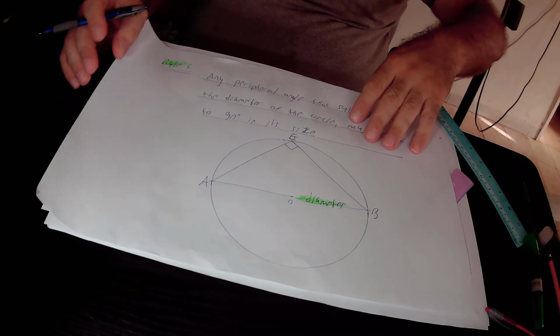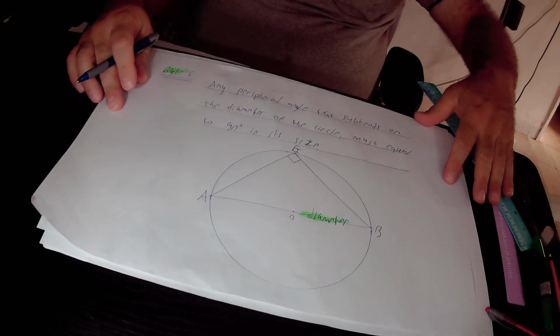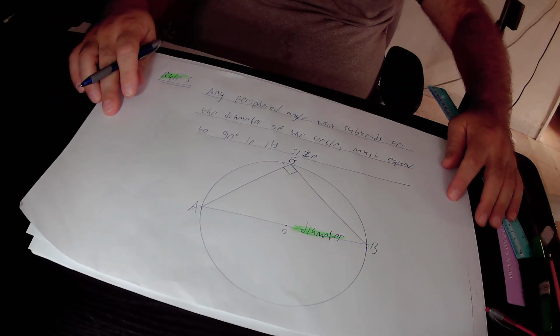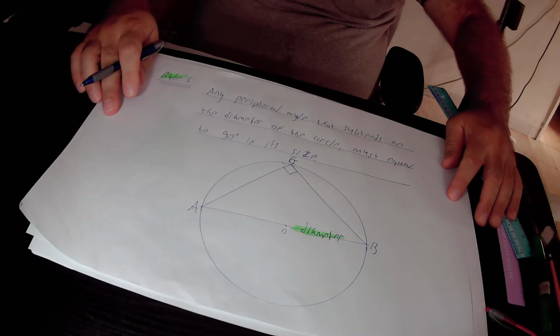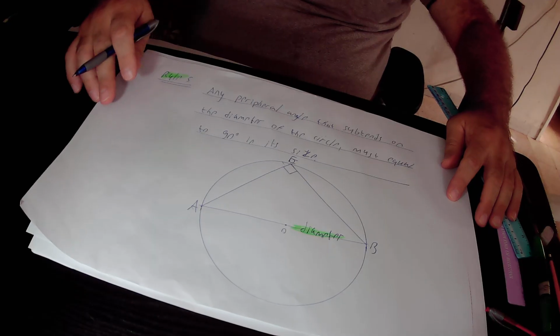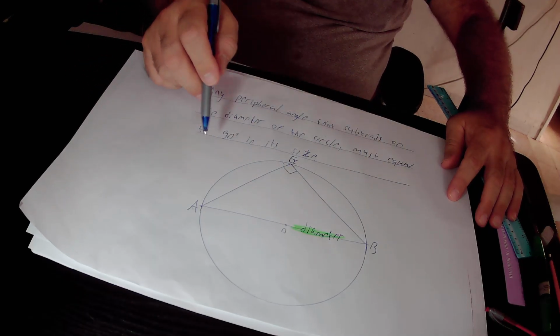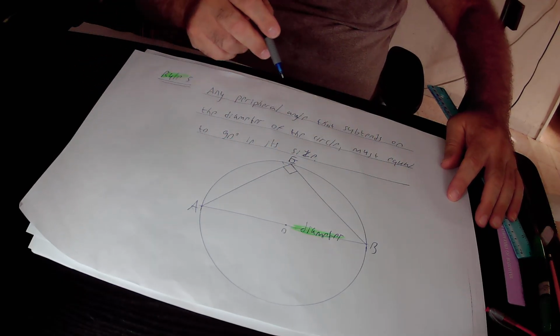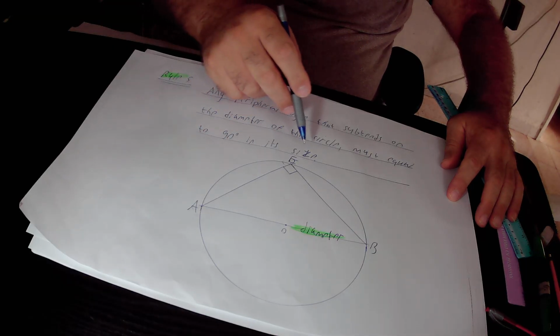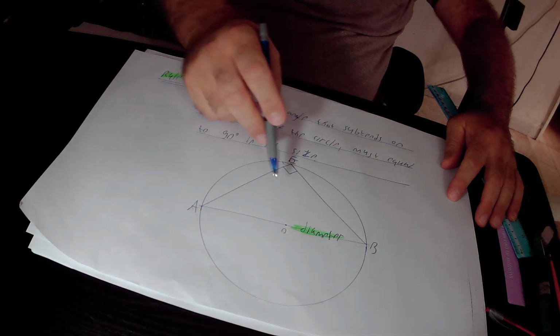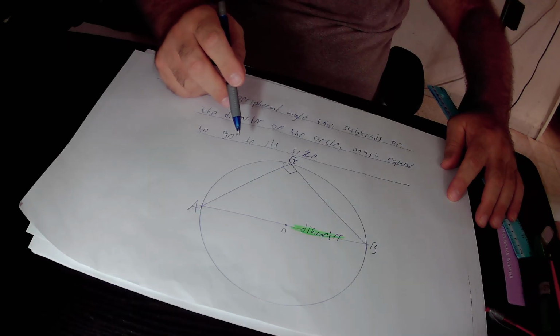According to rule 5, any peripheral angle that subtends on the diameter of the circle must equal 90 degrees in its size. So in the drawing, we have a circle. AB is the diameter of this circle. This is peripheral angle AEB that subtends on AB, that is the diameter of this circle.